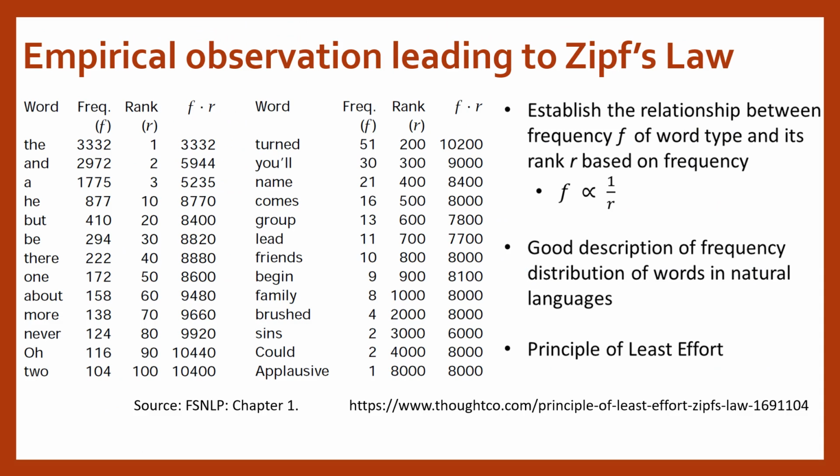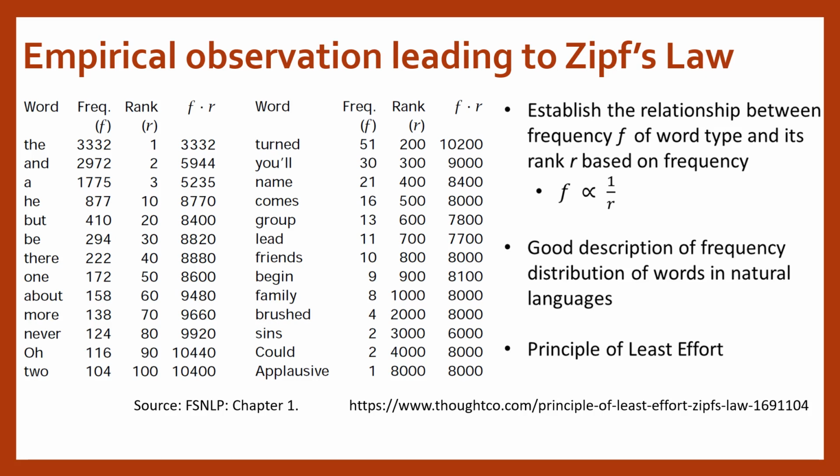One of the main contributors in the early days of corpus linguistic analysis, Zipf, tried to understand this observation, and he came up with a formula where he says that the frequency of a word type and its rank based on frequency are inversely proportional.